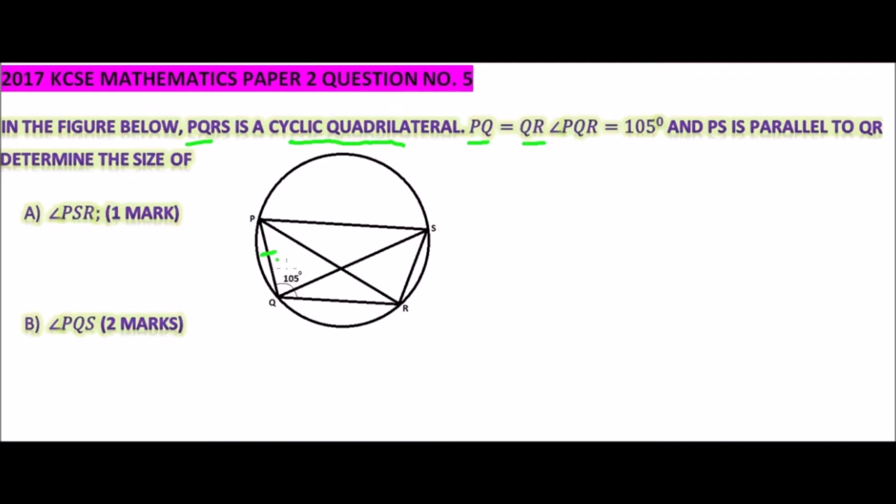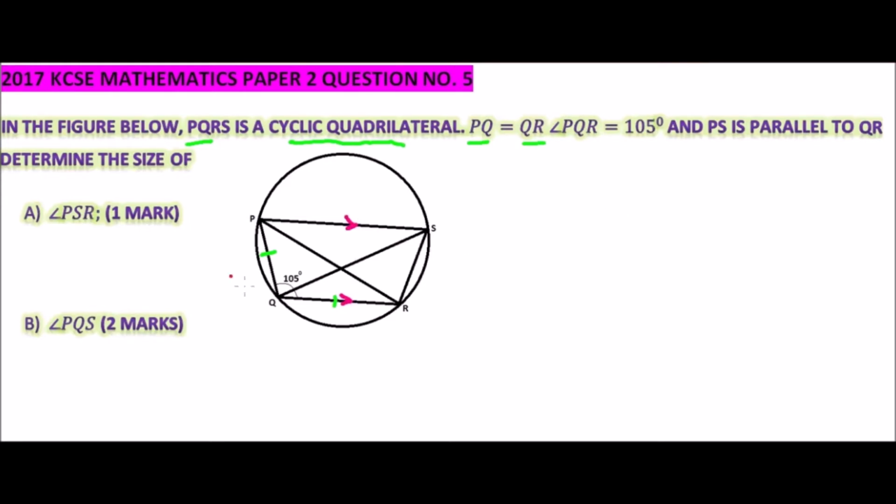We put those two marks to indicate that these two lines are equal. Angle PQR is 105, and PS is parallel to QR, so we put that symbol to indicate that the two lines are parallel.